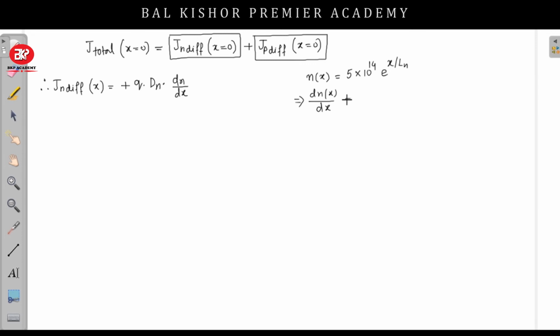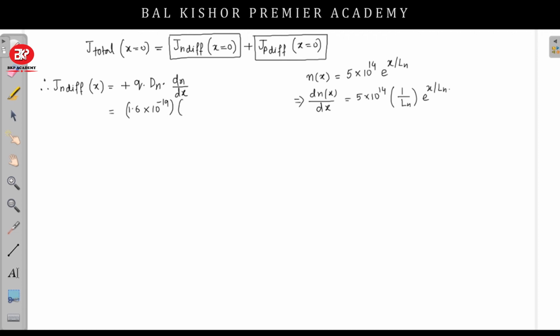If I find dn by dx, it will come out to be 5 into 10 to the power 14 and here will come 1 by Ln and e to the power x by Ln. If I put these values, the charge q will be 1.6 into 10 to the power minus 19.